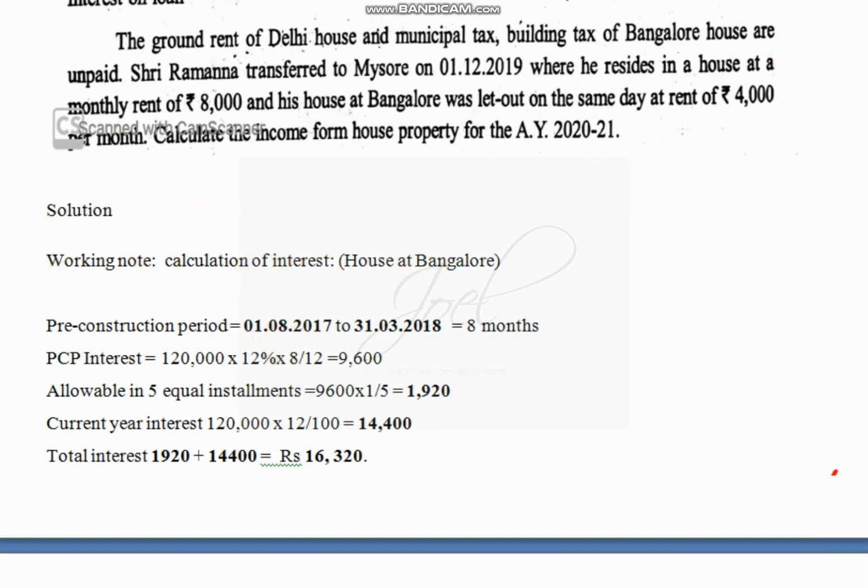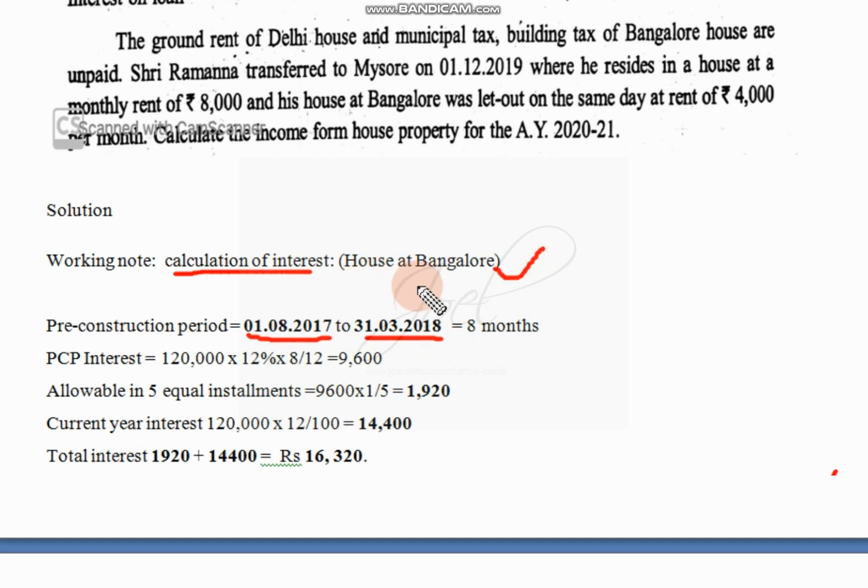First, it is all about calculation of interest for the house in Bangalore, because for the house in Delhi no loan was taken. So our pre-construction period, I told, will start on the date of borrowing of the loan and will end on the completion of the work, the nearest closing date.